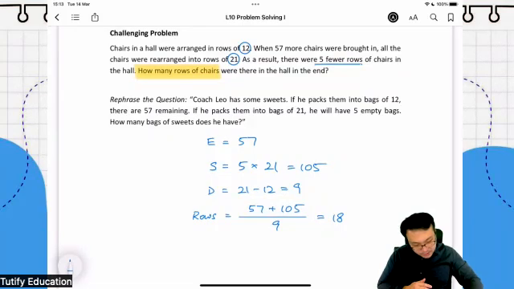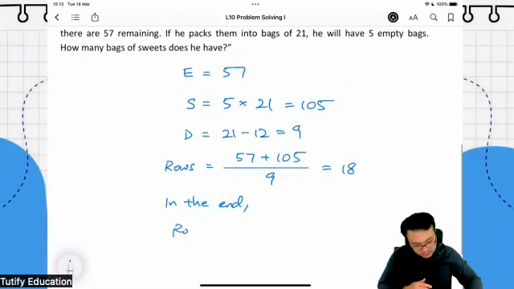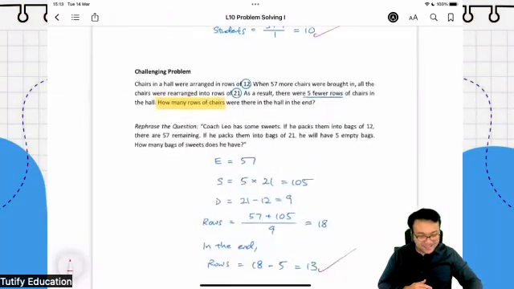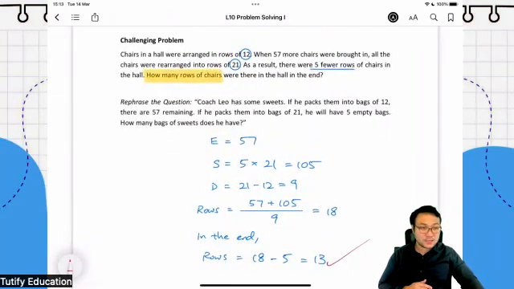So in the end, you have only 13 rows because you have 5 empty rows. Well done, Yongjun. So how do you find this? Easy or difficult? Yeah, easy.